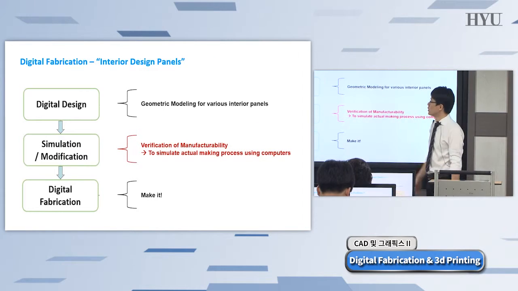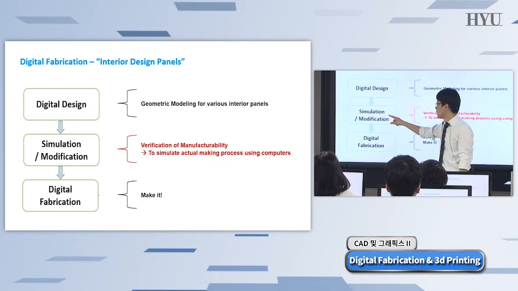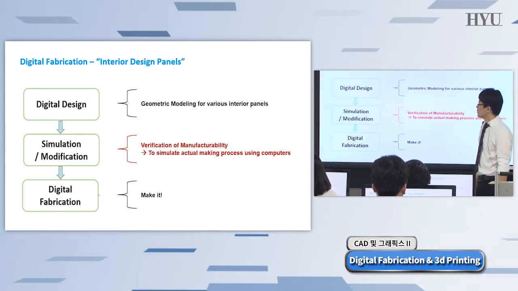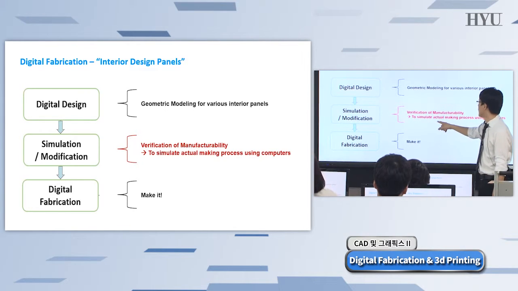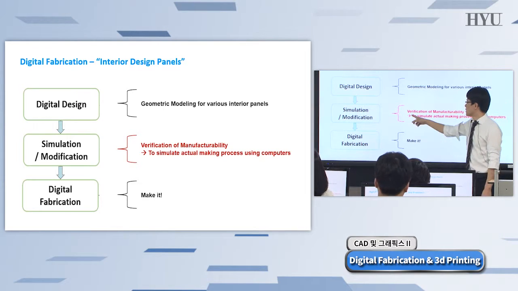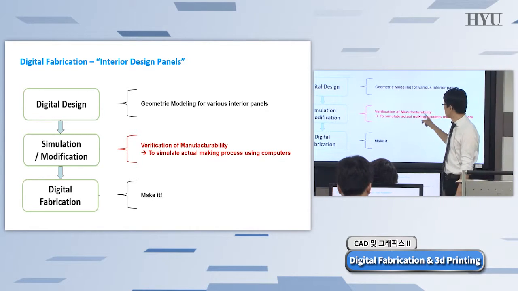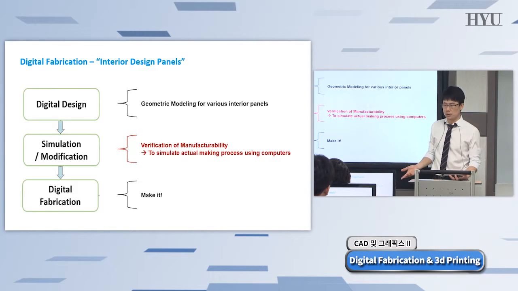So that is why we need to put in this another simplified process named simulation and modification. The objective of this process is to simulate the actual making process using computers, okay? This is the verification of manufacturability. Manufacturability means how you can realize this in the real world, okay?